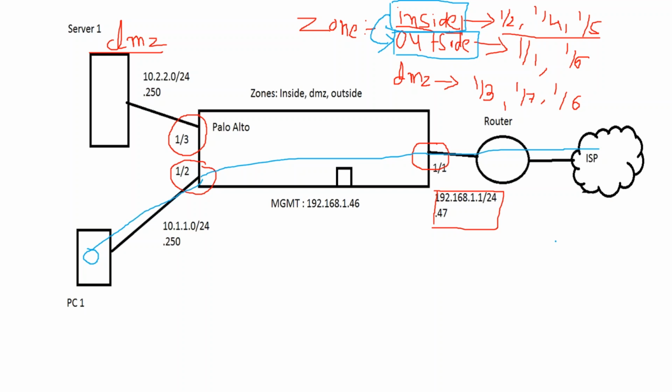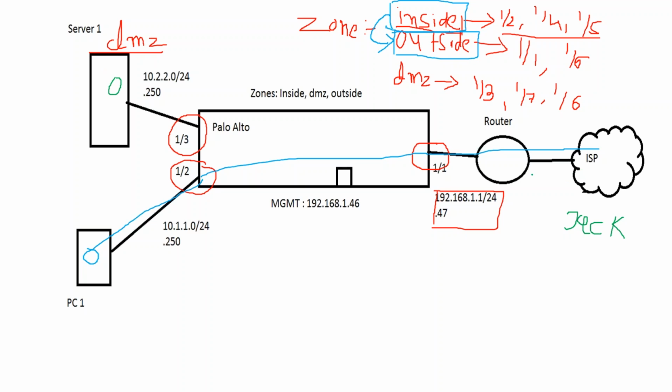Okay, now suppose you have one more user here. Let me change the color first. Not the red one. Suppose you have one more user here, say Jack, who wants to access this public DMZ server. So how do the packets flow?